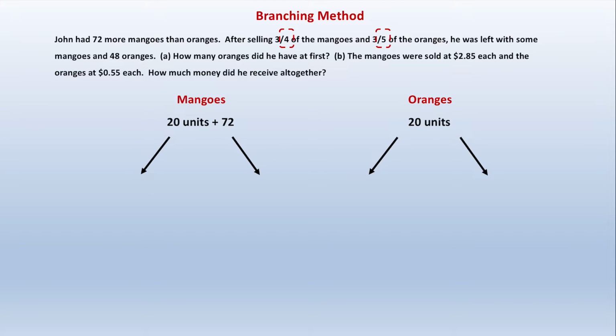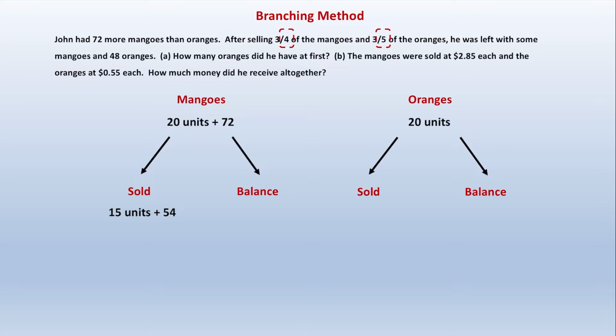The question talks about some mangoes and oranges being sold. So we have also in the branching method diagram, sold and balance for mangoes and sold and balance for oranges. And now we are ready to depict the information given in the question in this diagram. The question mentioned 3/4 of the mangoes were sold.